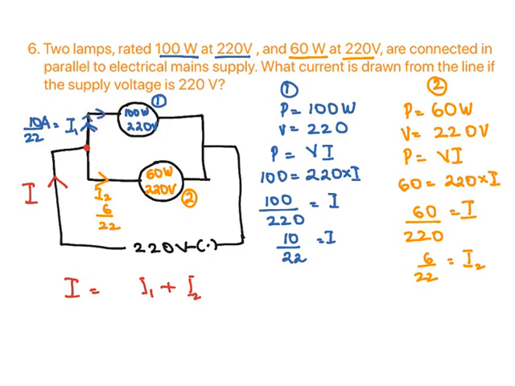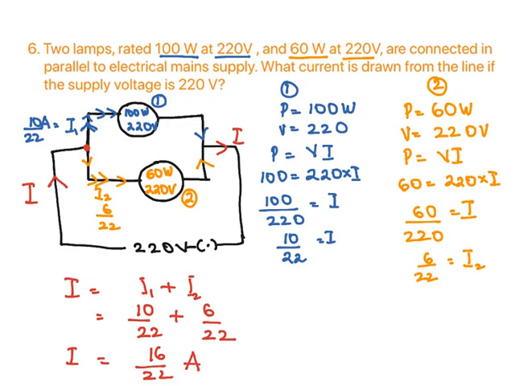There will be I1 flowing in this circuit branch and I2 flowing in this branch, and when they get together again at this point, you will get your I. So I equal to I1 plus I2, and your I here is 10 over 22 and this is 6 over 22. So this will be 16 over 22 will be your I, amperes. You can then reduce it.